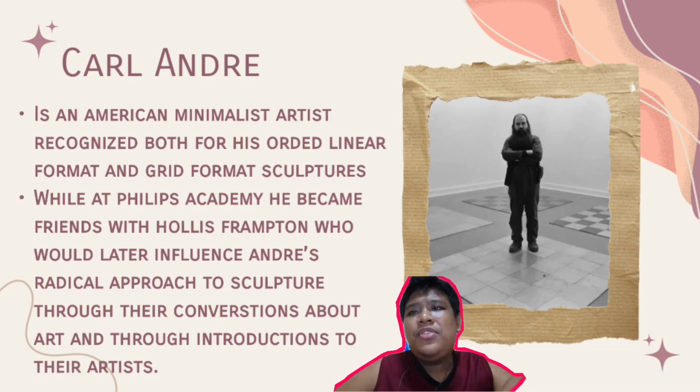His major contribution to minimalism was redefining sculpture by using industrial materials arranged directly on the floor, emphasizing simplicity, repetition, and spatial experience over traditional artistic technique. He helped shift sculpture from expressive form to the elemental arrangement that engaged viewers physically and conceptually.